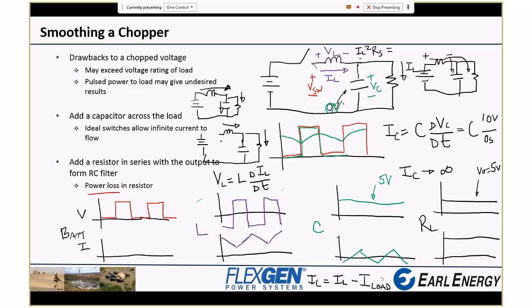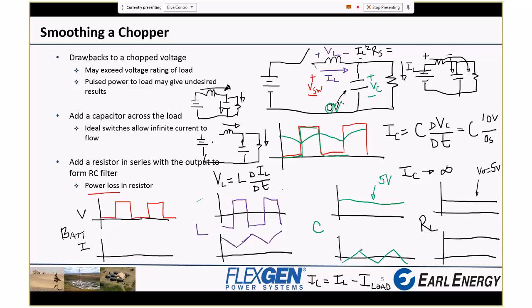So if you try to switch an inductor and you don't give that current anywhere to go, the voltage across the inductor will spike to infinity and probably blow something. In this case, it's an ideal switch and an ideal inductor, so nothing breaks down. But in real life, that doesn't happen. Wires break down, air breaks down with an infinite voltage.